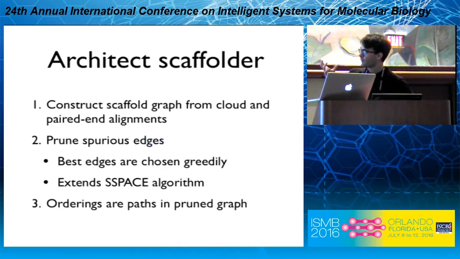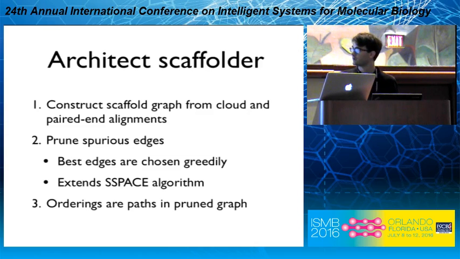The details of the algorithm roughly follow this procedure. I would say that they're mostly inspired by previous work on scaffolders based on paired end reads. The idea is first to form a scaffold graph in which we take all the contigs and the alignments and we add edges whenever we think that there's enough support for these two contigs being adjacent to each other in the genome.